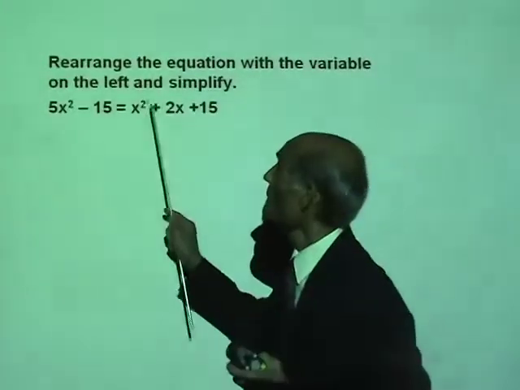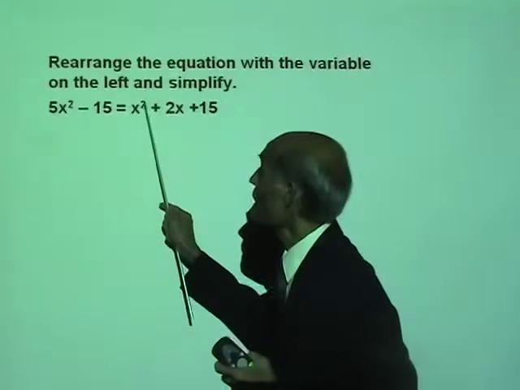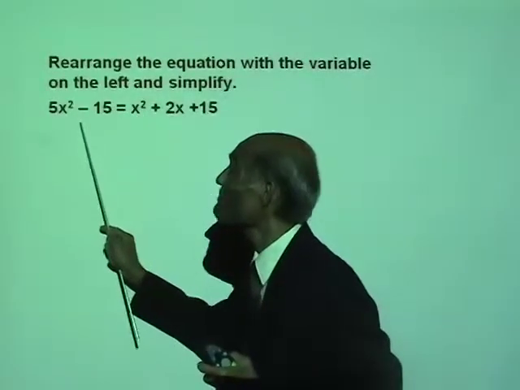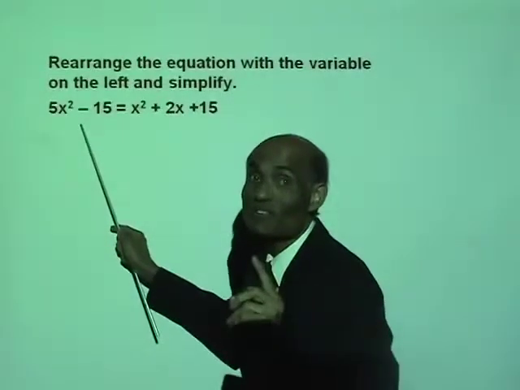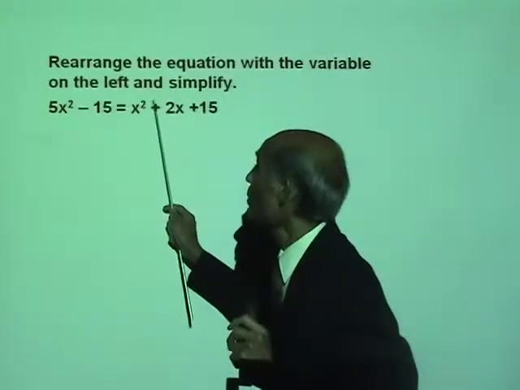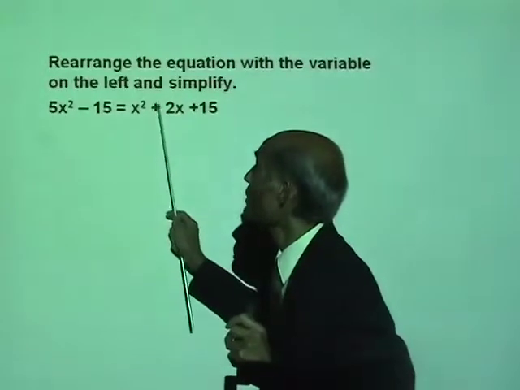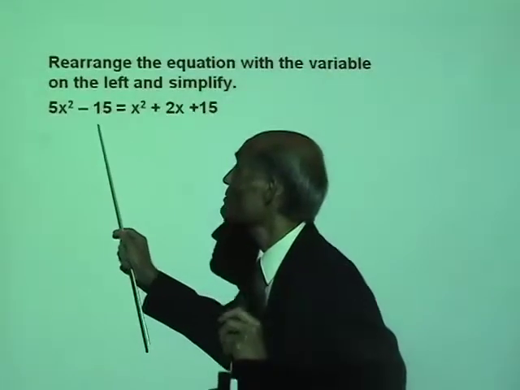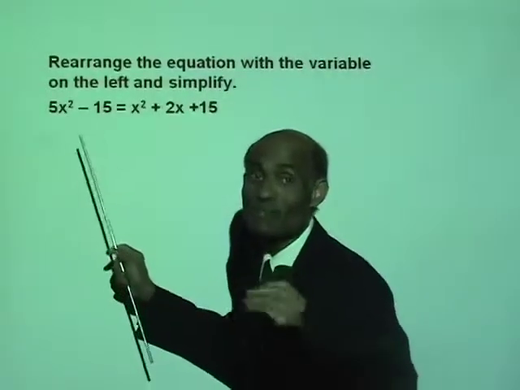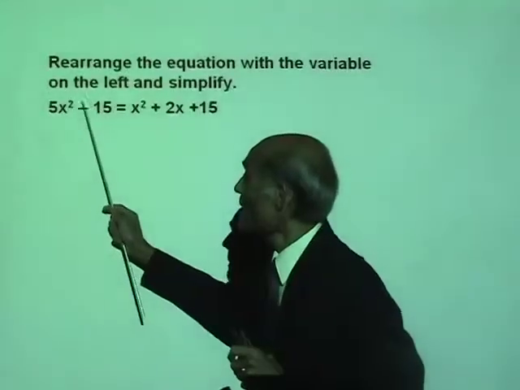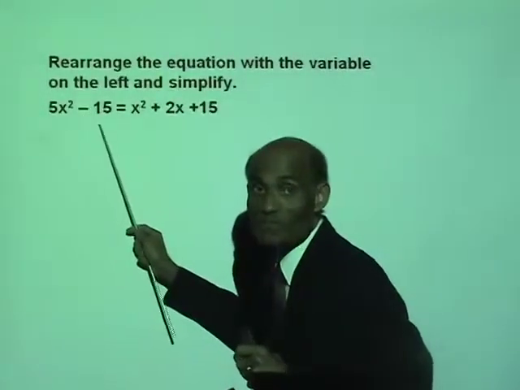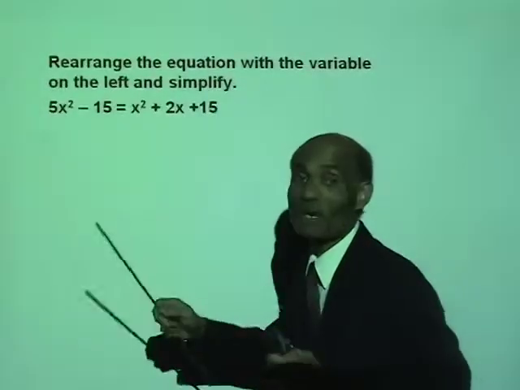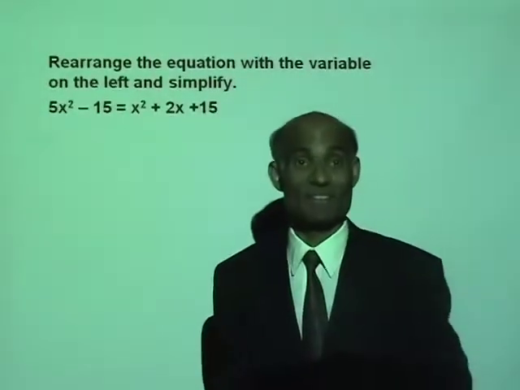What should I do? I move x squared from the right to the left. What will that become? It will become negative x squared. I will move positive 2x from the right to the left. It will become negative 2x. And then I will move negative 15 from the left to the right. It will become positive 15.